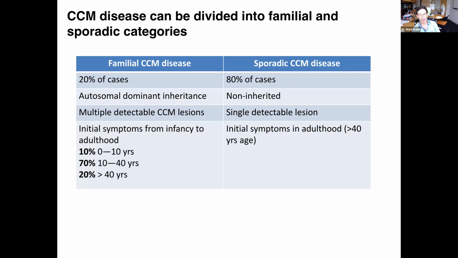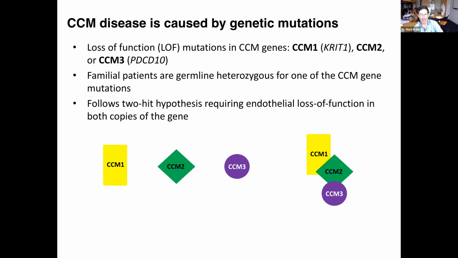The familial form enabled folks like Doug, human geneticists, to clone the genes that cause the disease, and presents earlier than the sporadic form, and of course with multiple lesions. The genes identified to date are three genes that encode three non-homologous proteins: CCM1, 2, and 3.